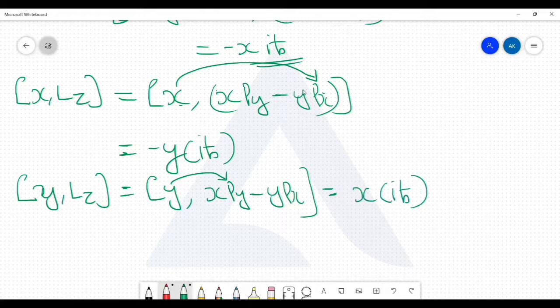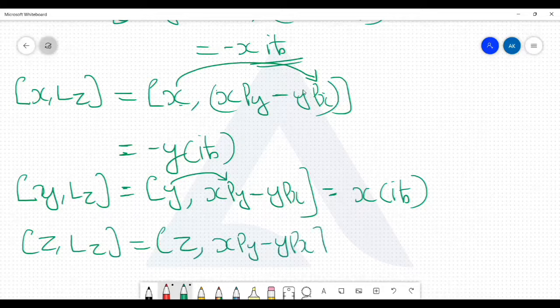Everything else will be 0. And your z with L_z, that will be z with x p_y minus y p_x. Here, p_z is not there. Therefore, this will be 0.